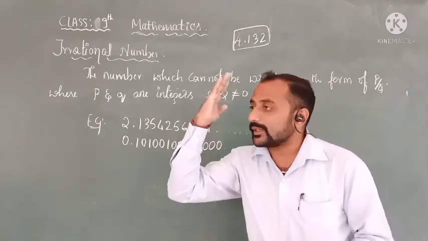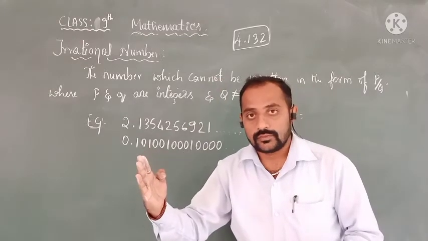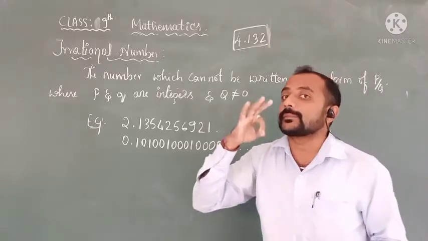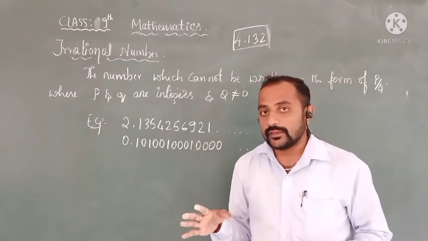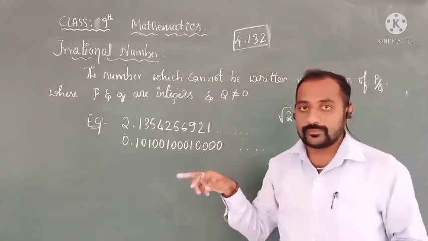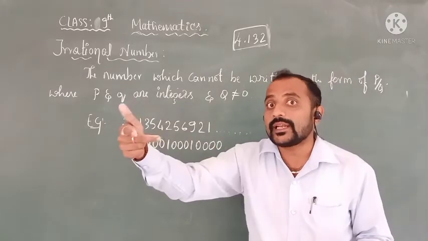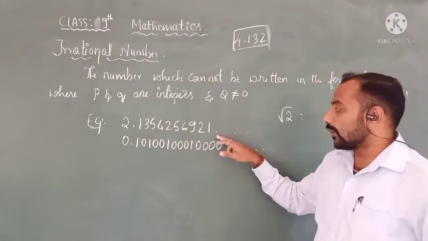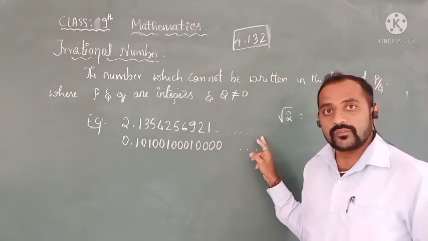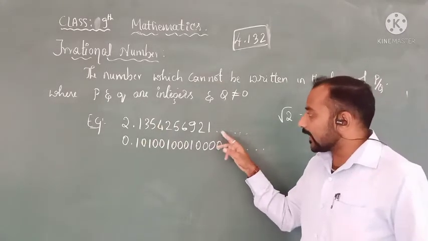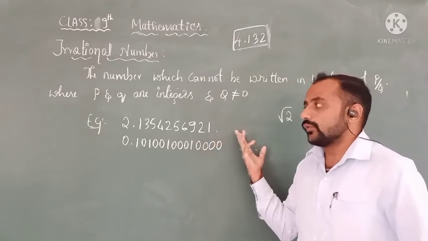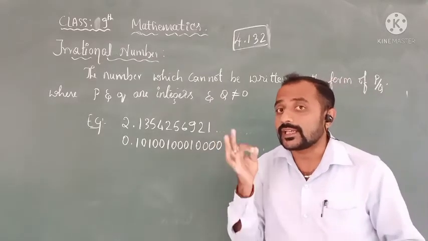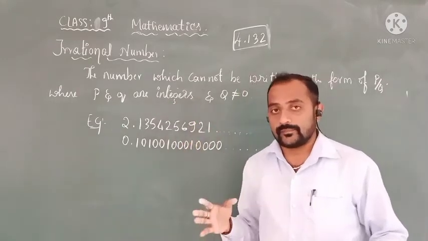Terminated means it is nothing but an end. The number ends here, so it does not continue. Non-terminating means it is not terminating at all. I can keep adding digits, 9, 2, 4, 5, anything. That's why I said non-terminating.